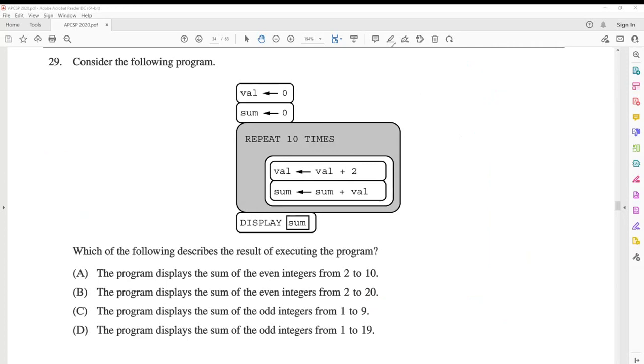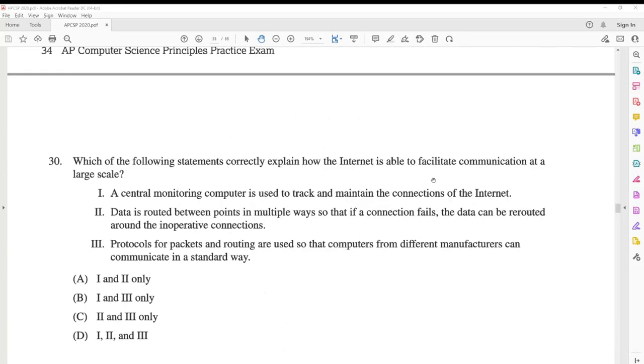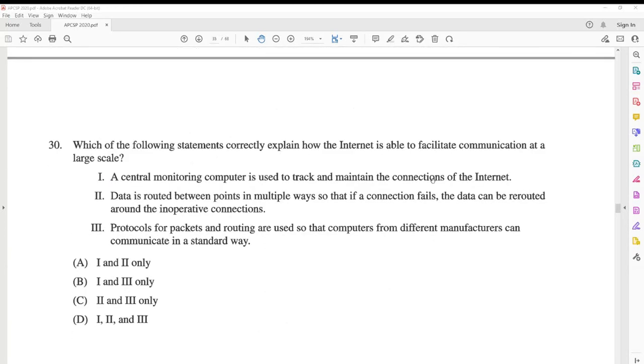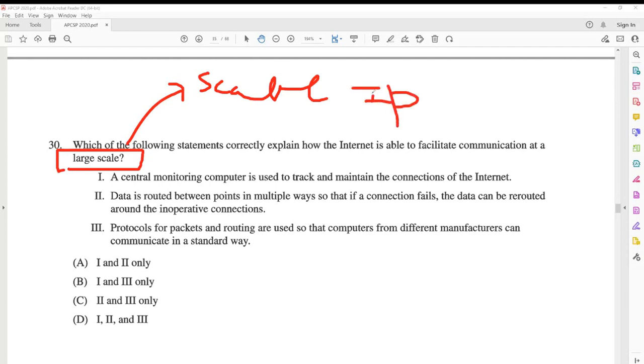Number 30, which of the following statements correctly explains how the internet is able to facilitate communication at large scale? The keyword is large scale, so scalability. Because you use the IP address, they can always use IP address to do routing.